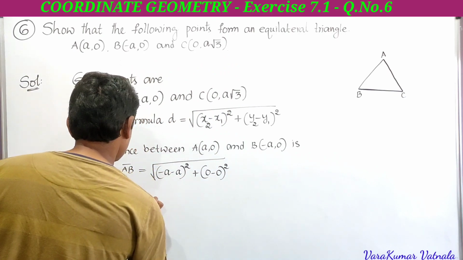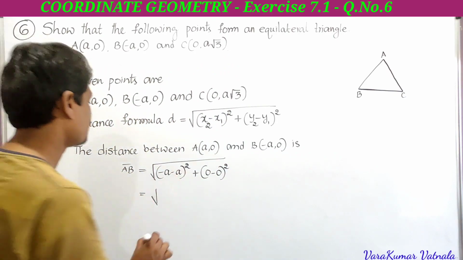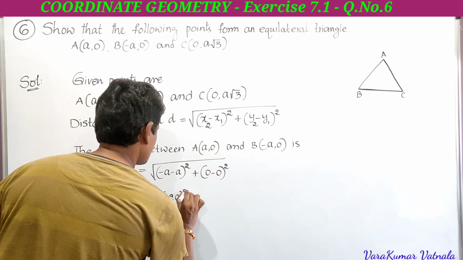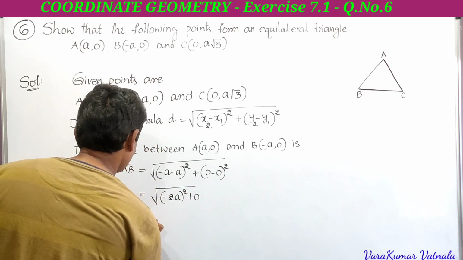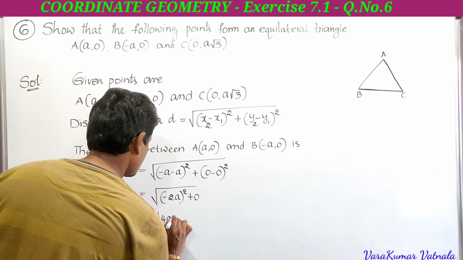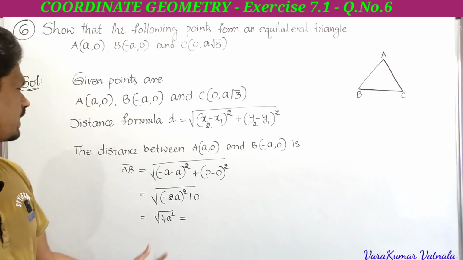Simplifying, see here what we get. Minus a minus a is minus 2a, so (-2a) whole square plus 0. That is square root of 4a square, which gives plus or minus 2a.